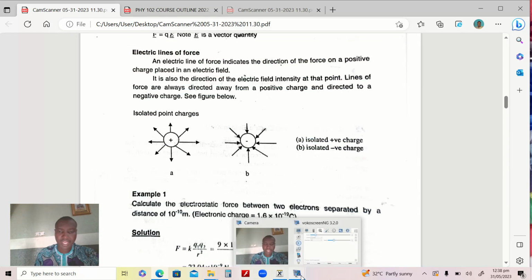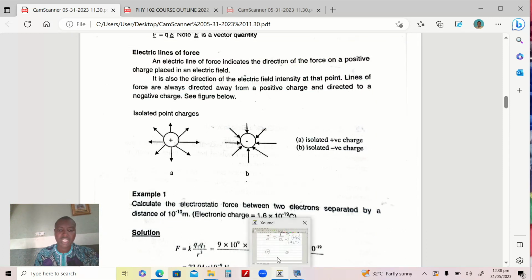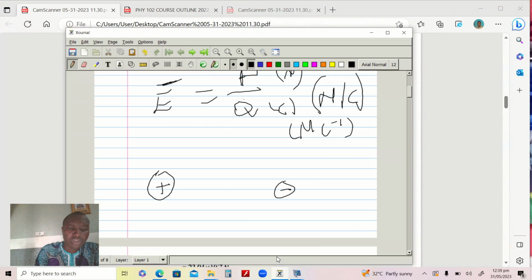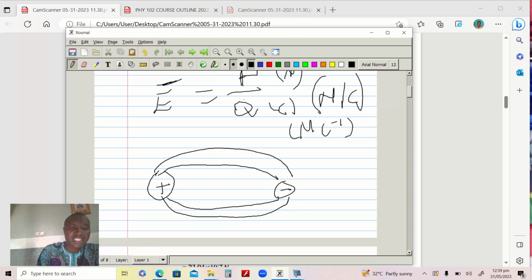That's what we have here, and we can have these lines of force operating together. In other words, the line of force can move like this. They are imaginary lines, so in most cases they use dotted lines for them, because they tend to be imaginary lines.